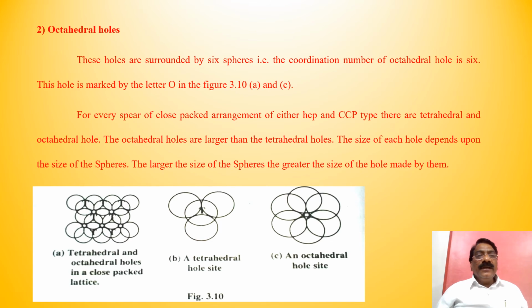For every sphere of a close packed arrangement of either HCP or CCP type, there are tetrahedral and octahedral holes. The octahedral holes are larger than tetrahedral holes. The size of each hole depends upon the size of the spheres. The larger the size of the spheres, the greater the size of the hole made by them.